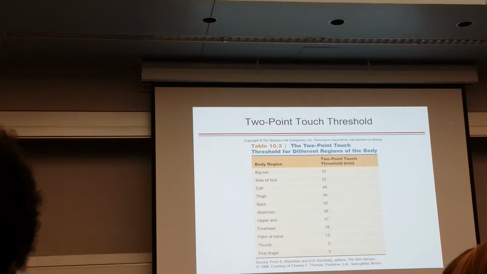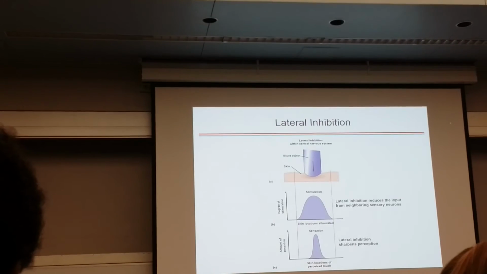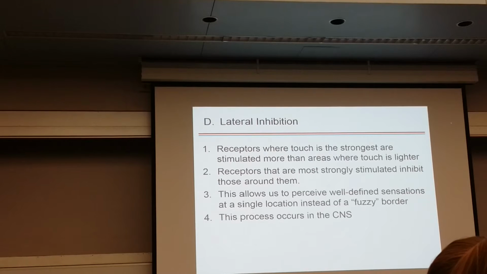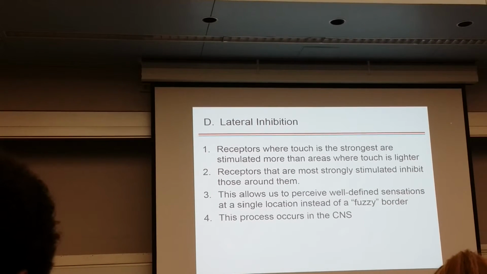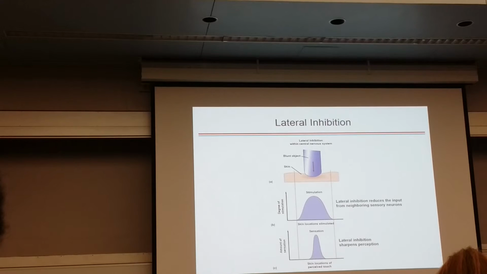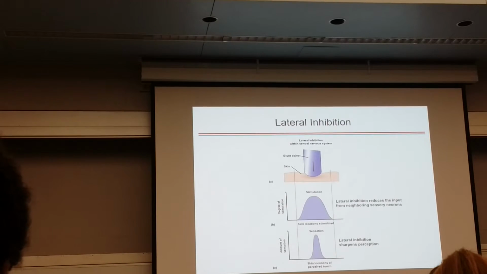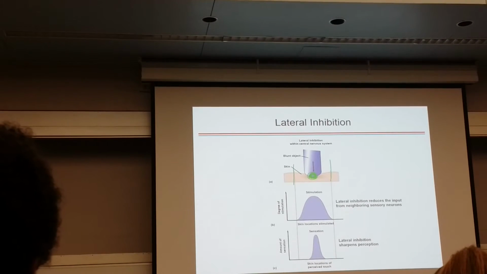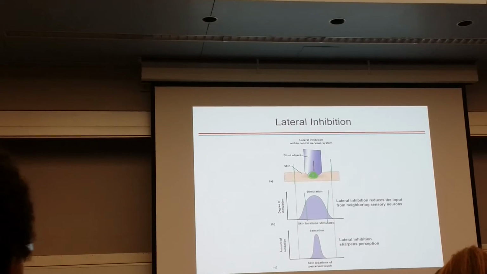All right. So there is another thing called lateral inhibition, and basically the receptors that are strongly stimulated, like this area of the skin here, are going to inhibit the sensations on the side, right?